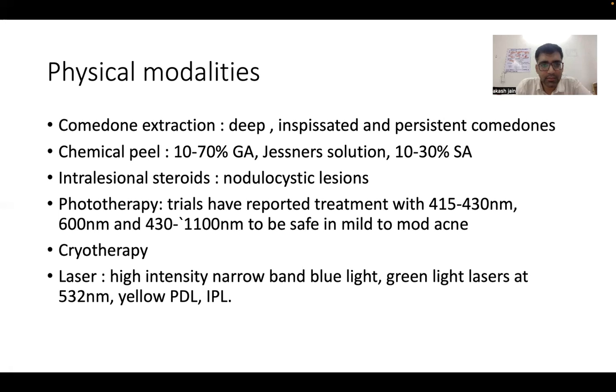Third is intralesional steroids. It is mainly used for nodulocystic acne lesions, usually triamcinolone acetonide. Fourth is phototherapy. Trials have reported treatment with 415 to 430 nanometer, 600 nanometer, and 430 to 1100 nanometer to be safe in mild to moderate acne, as it causes suppression of sebaceous activity. Fifth is cryotherapy, and sixth is laser.